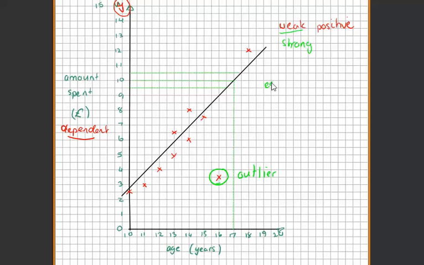So if I said, estimate how much a 17-year-old spends, the estimate, because it's not going to be exact, remember that word, estimate, you would say about, in my graph, £10. Now your graph, because your line of best fit might be somewhere else, £13.